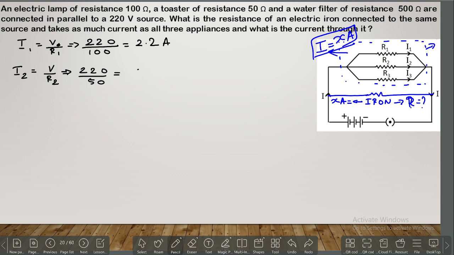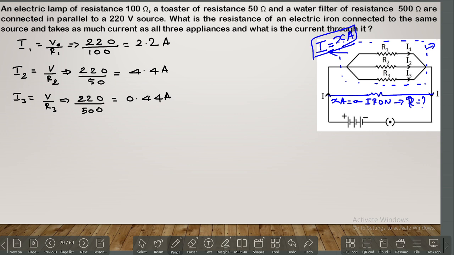If you simplify, it will be equal to 4.4 ampere. Next, I3 is equal to V by R3. V value is 220 and R3 is 500. If you divide these two numbers, it will be equal to 0.44 ampere.